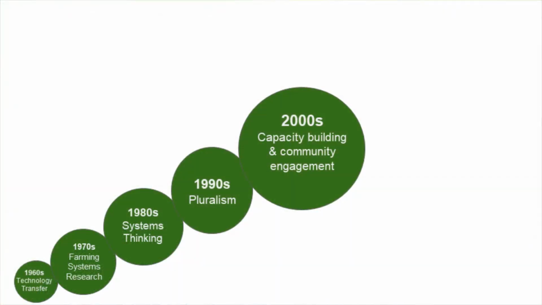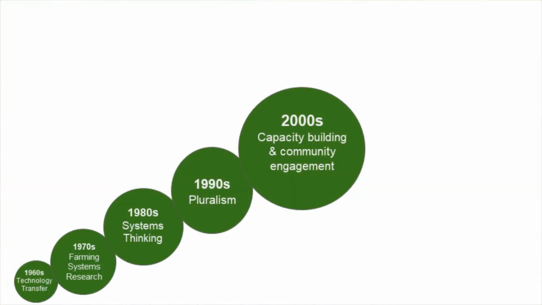And this meant that extension was increasingly able to meet a range of needs for a range of people, individuals and groups, including farming and natural resource management. Quite diverse needs indeed. And extension was about supporting social learning processes and participatory methodologies as a means to enabling practice change. Since the year 2000, the focus has been on capacity building and community development.